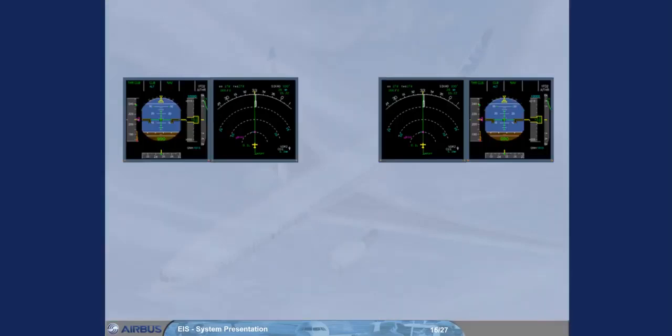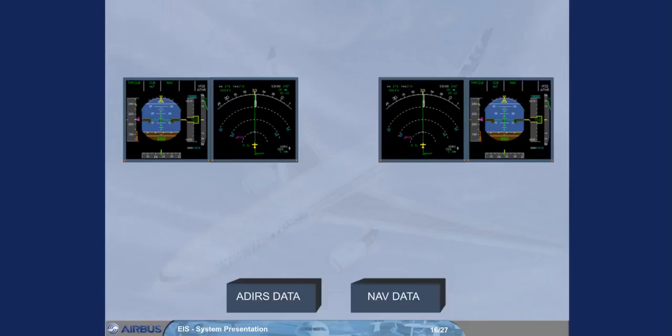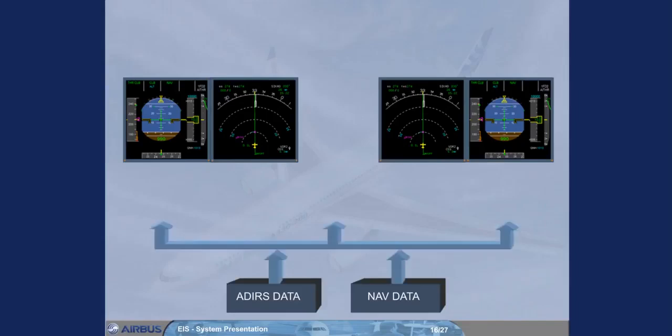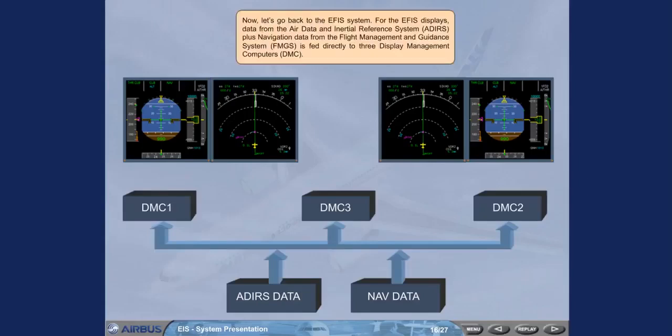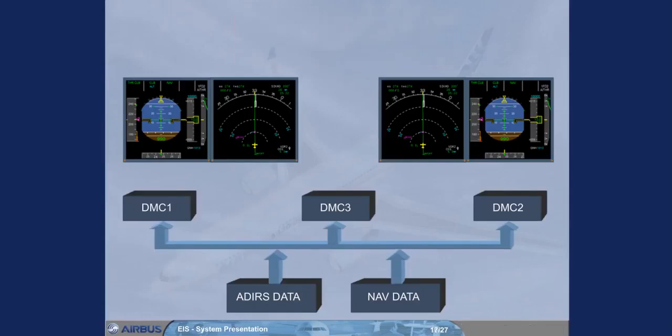For the EIS displays, data from the Air Data and Inertial Reference System, ADIRS, plus navigation data from the Flight Management and Guidance System, FMGS, is fed directly to three Display Management Computers, DMC. The three identical display management computers process the data and generate the images to be displayed.